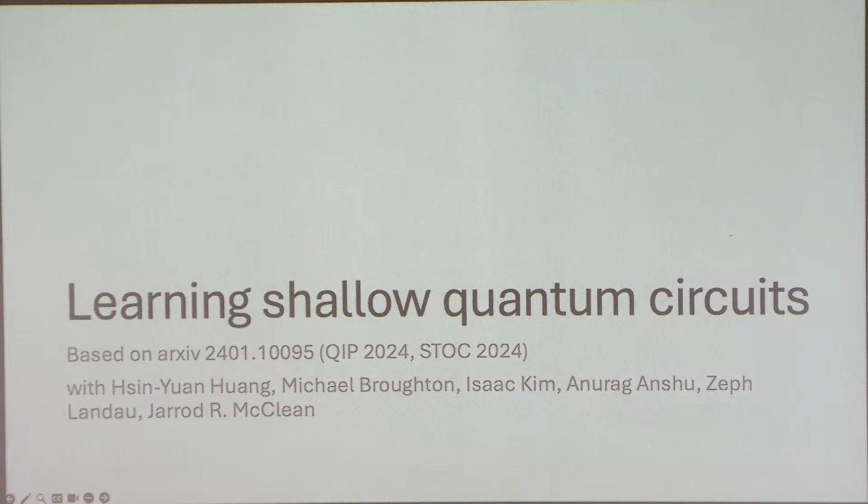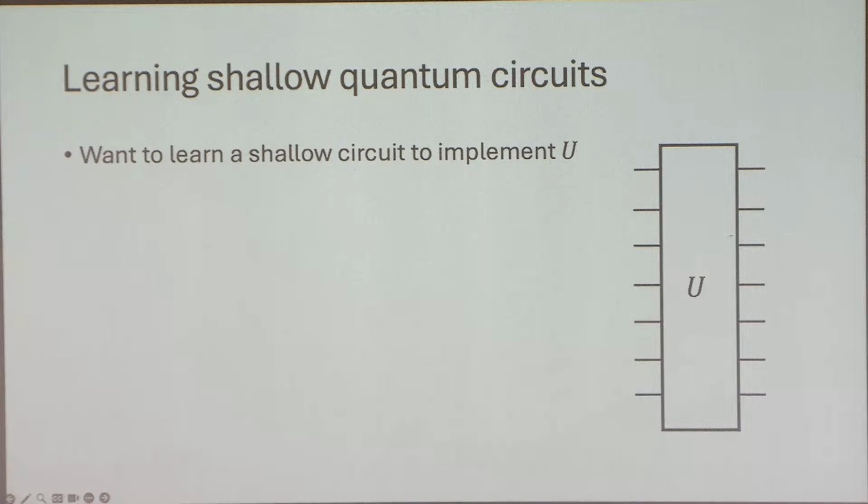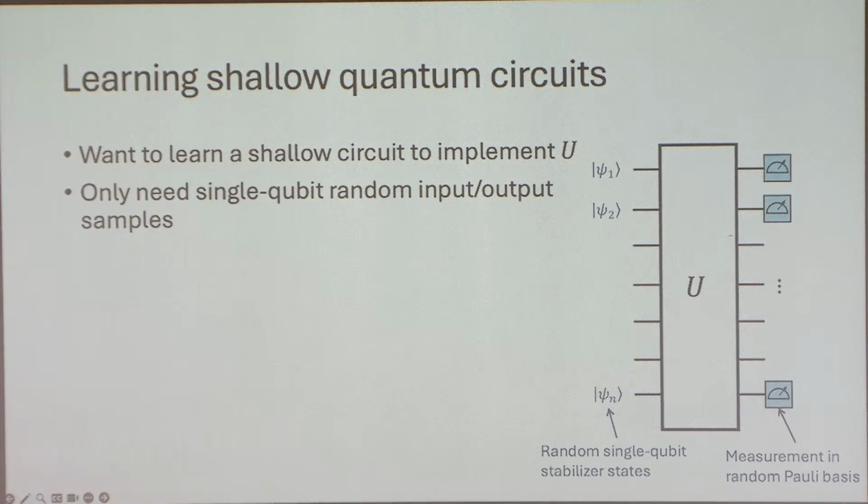Let's start with the first problem, learning shallow quantum circuits. This is based on this paper with Robert, Michael, Isaac, Anurag, Zeph, and Jared. To recap, we just have access to this unknown unitary U, and we want to learn a shallow quantum circuit to implement U. Here, the learning algorithm actually only needs very simple access, which is single qubit random input-output samples: random single qubit stabilizer states and measurement in a random Pauli basis.